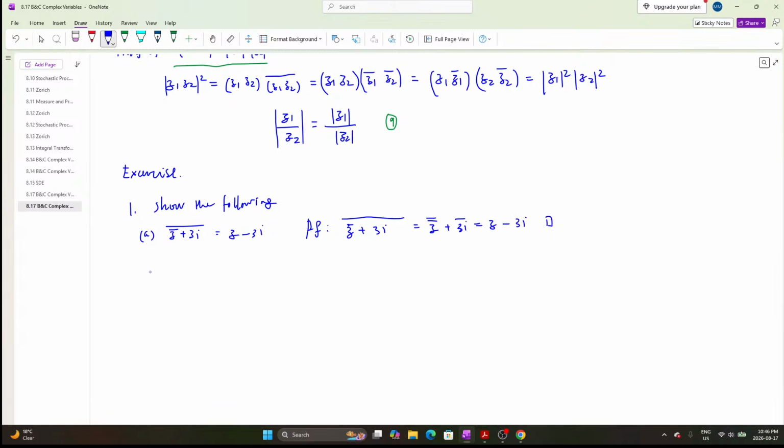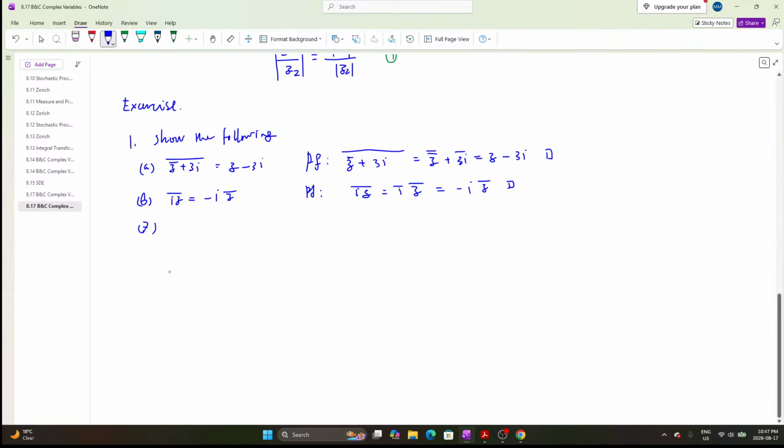Done. Simple. Part B says the conjugate of iz is minus i times z bar. The proof is also simple: the conjugate of iz equals i bar times z bar, and you get minus i times z bar, and we're done.